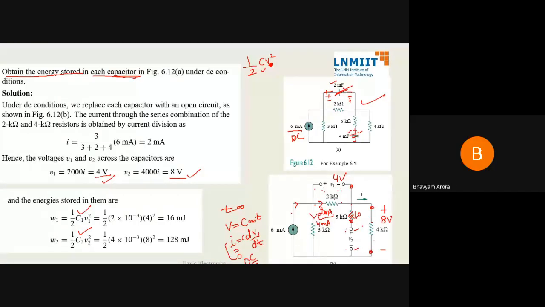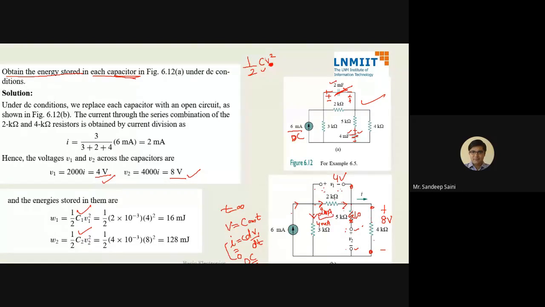Sir, can you explain 4 and 8 again? The 6 milliampere is divided into two branches. One branch has an equivalent resistance of 2 plus 4, 6. The other branch has a resistance of 3. So what is the current in this branch?